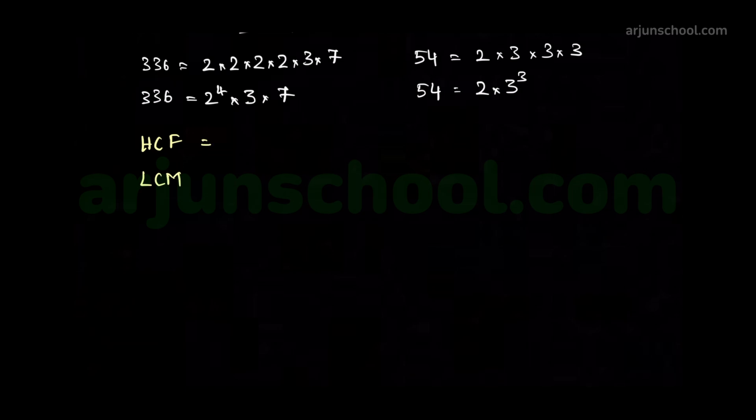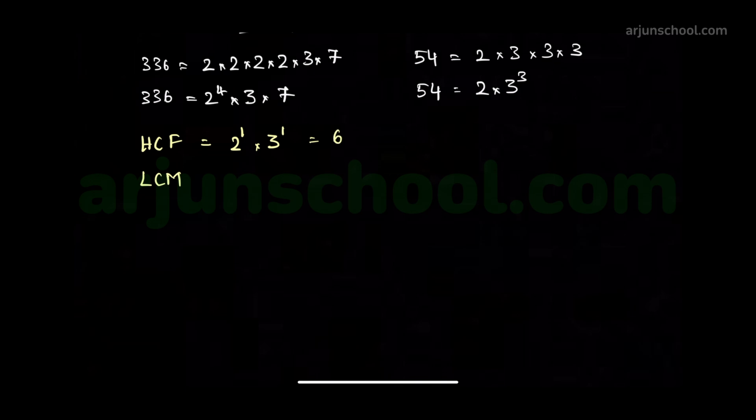HCF is equal to, first write down the common primes, which are 2 and 3. For 2, the smallest power is 1, and for 3, the smallest power is 1. Therefore HCF is equal to 2 times 3, which is equal to 6.